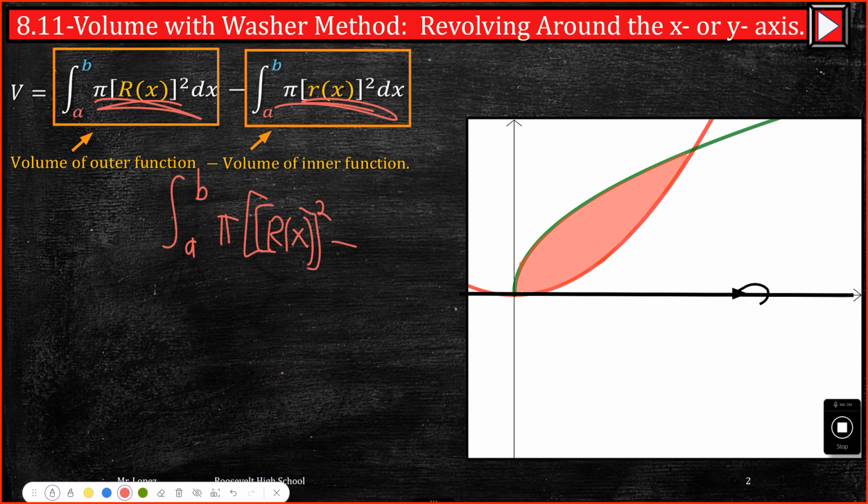We factor out the pi, r of x squared, and then the whole thing dx. We could actually do this. Yes, we could actually do that too.